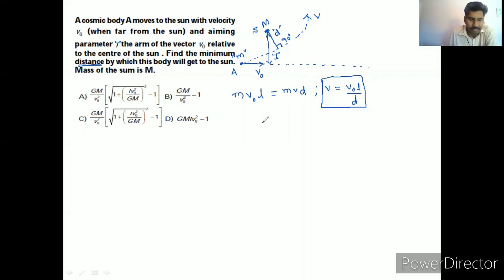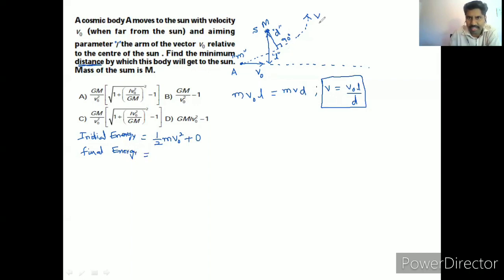Next we can take the initial energy. Initially it is going with a velocity v naught, so it has kinetic energy half m v naught square, but the potential energy is 0. Next, the final energy.